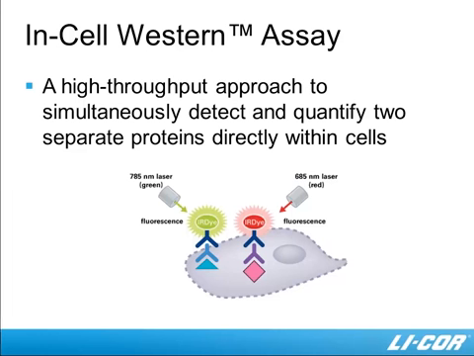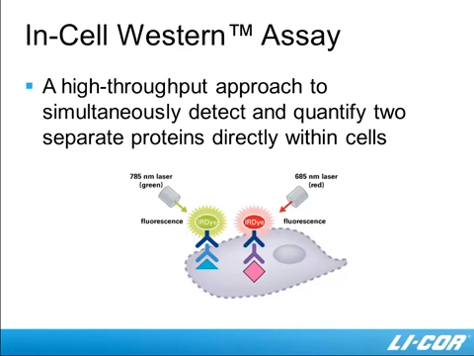So let's first start with talking about what exactly an In-Cell Western Assay is. An In-Cell Western Assay allows you to approach your science and your experiments in a high-throughput manner. By using an Odyssey system from Lycor, you can simultaneously detect and quantify two separate proteins at once within a cell. The Odyssey systems, specifically an Odyssey Classic, an Odyssey CLX, and an Odyssey SA, work with the In-Cell Western Assay.